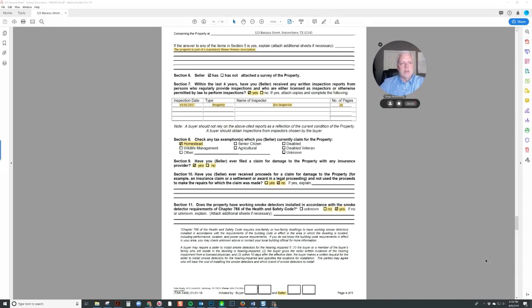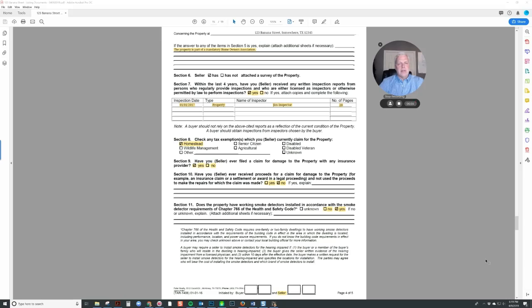Section 8 is discussing the tax exemptions that the seller is able to claim. And in Texas, homestead is of course very common. And then you go from there, whether you're maybe a senior citizen exemption, disabled veteran. That's all handled through the local appraisal district. So you'd know what exemptions you had on file.